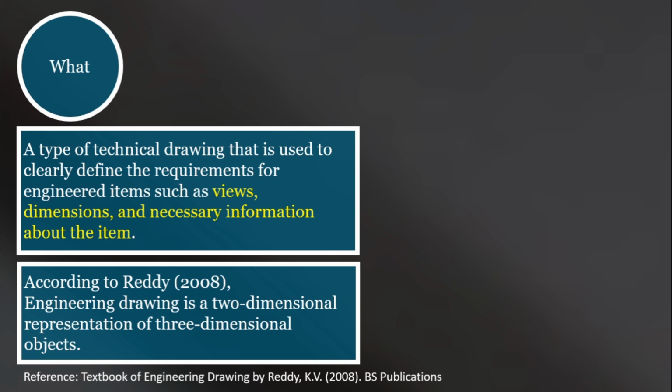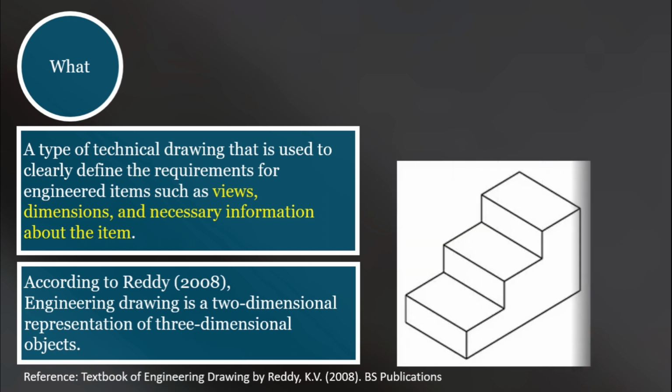To better understand this definition, let's take a look at an example. Shown here is a three-dimensional stairs. It is a three-dimensional object because it has a length, a width, and a height. But as we may observe, this three-dimensional object is drawn in a two-dimensional shape.